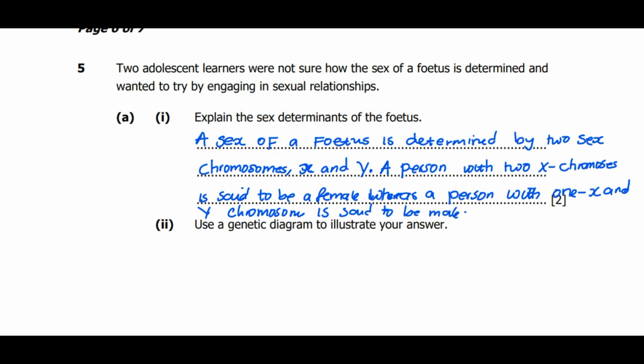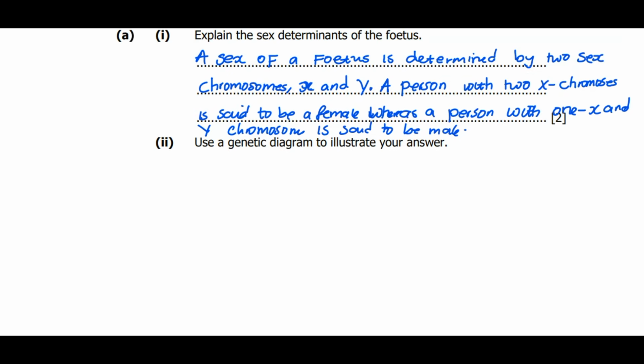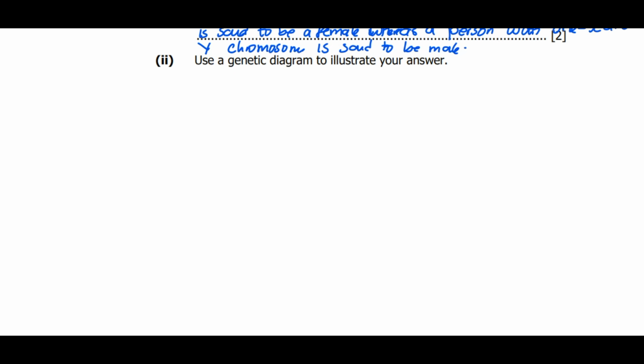So that is the point here. Then for Roman number 2, use a genetic diagram to illustrate your answer. So the genetic diagram for sex determination is always the same. This doesn't change. So for this one, you can just commit it to memory.